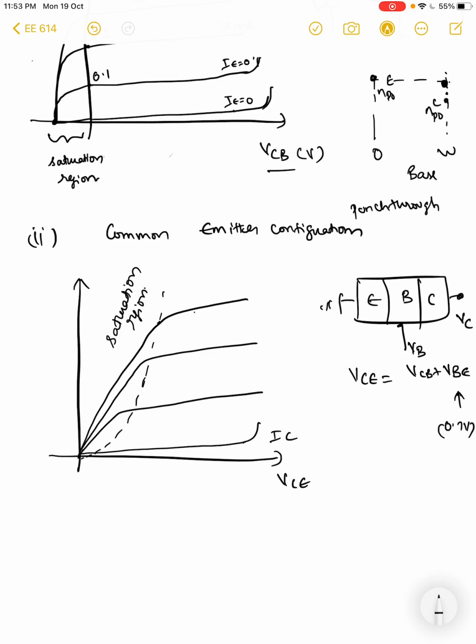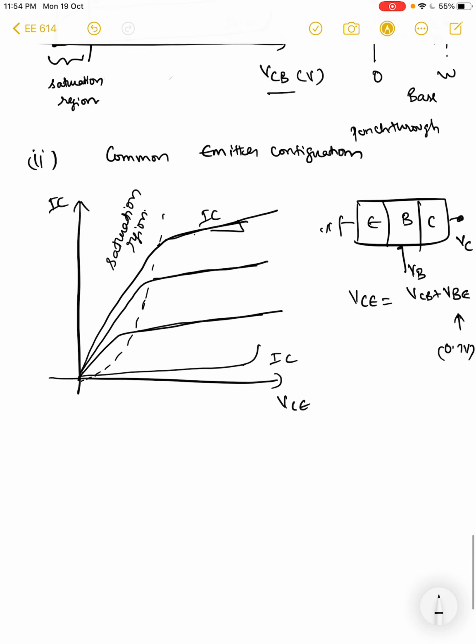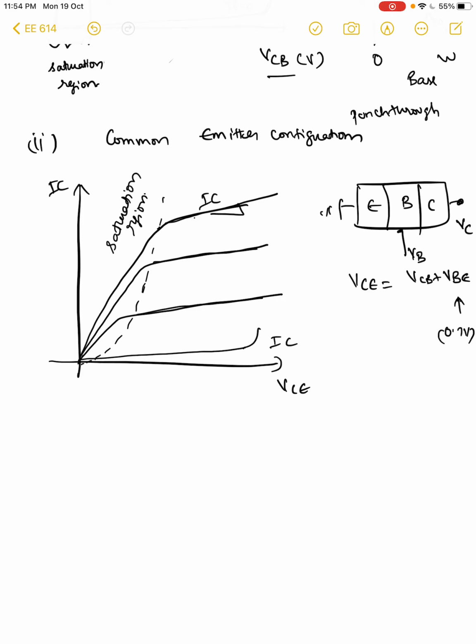But the most important aspect of the common emitter configuration is the fact that IC is not constant with respect to VCE. So there is a slope in these lines which is non-zero. So the slope can be calculated like this, right? Okay, before we go to calculation of the slope, we will qualitatively see why there exists a slope, right?